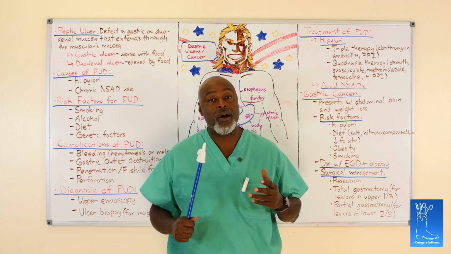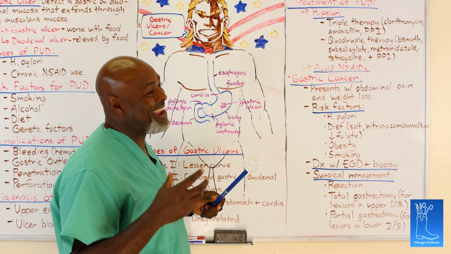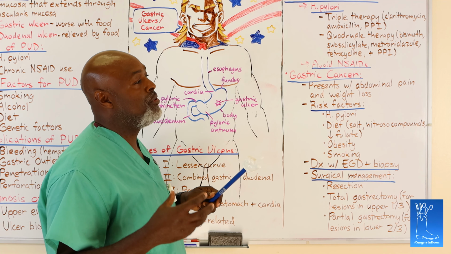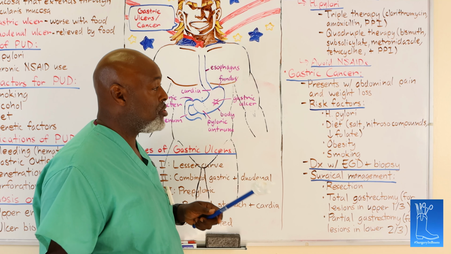Now, gastric cancer. Usually these patients present with nonspecific abdominal pain and weight loss. The reason they present with weight loss is for two reasons. One, their stomach doesn't function like it's supposed to. It used to expand and contract when you eat. Now, once that ulcer has turned into a gastric cancer, it doesn't expand anymore, so you're not able to eat as much as you used to.